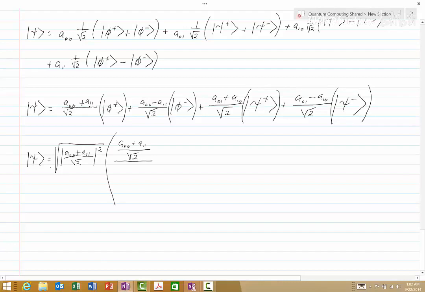And this is our parenthetical term, divided by the square root of the magnitude squared of A00 plus A11 over square root of 2 squared, times.